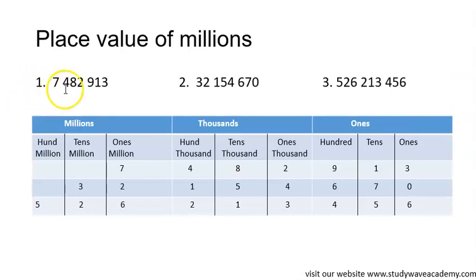Let's start with number one. Number one, we have 7,482,913. We have to place this using this place value system. So this is in the ones, this is in the thousands, and this is in millions.